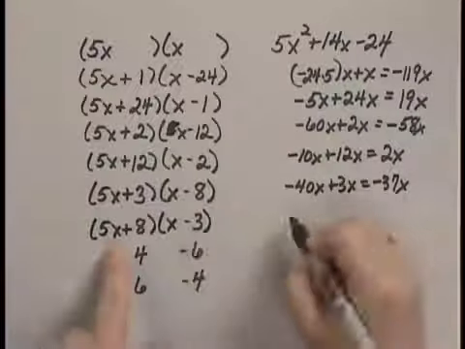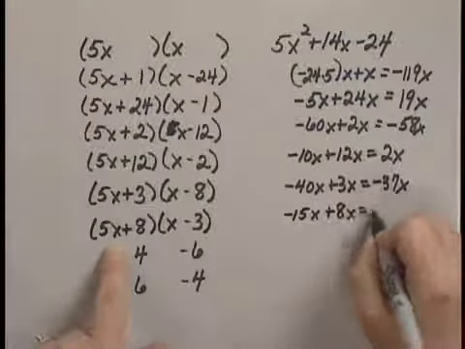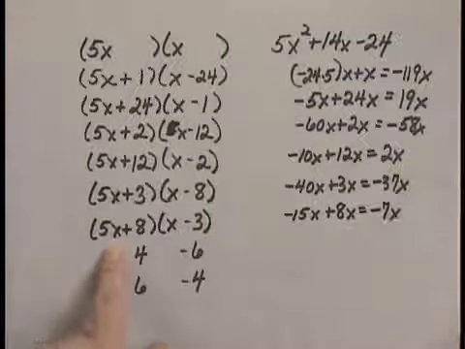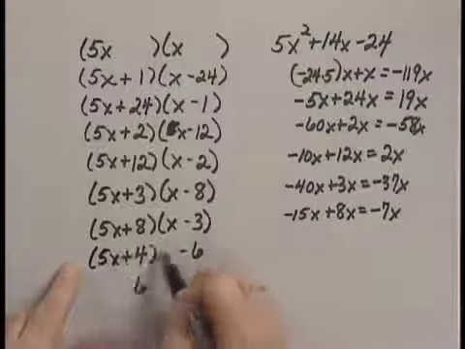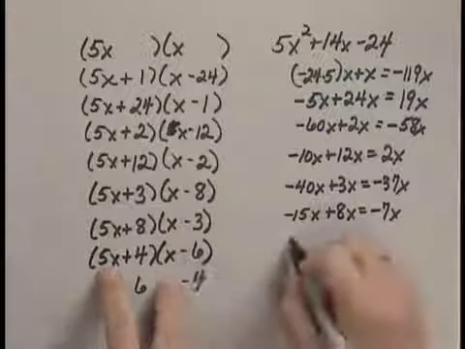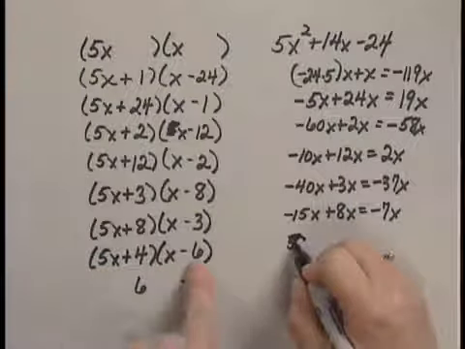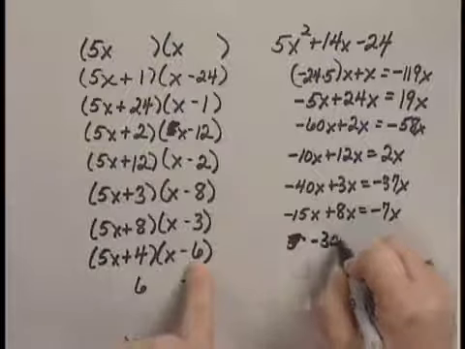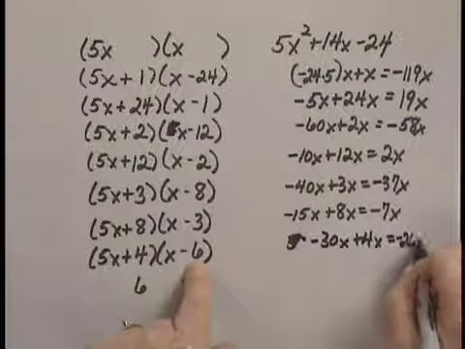My middle term is negative 15x plus 8x, which is negative 7x. Again, that's not right. I'll try 5x plus 4, x minus 6. My middle term will be 5 times negative 6, negative 30x, plus 4x, which is negative 26x.